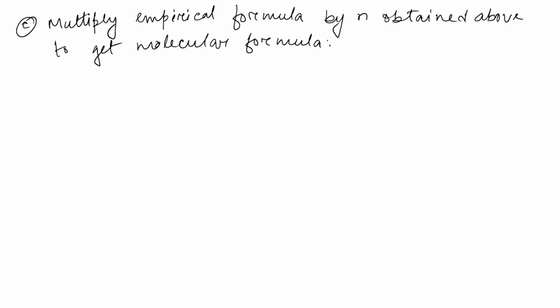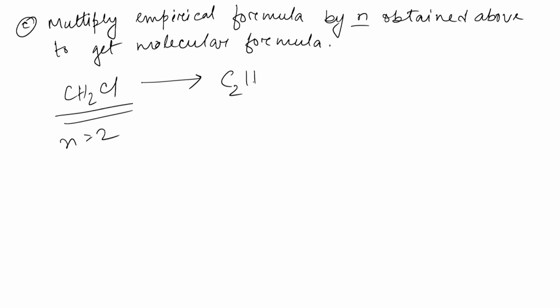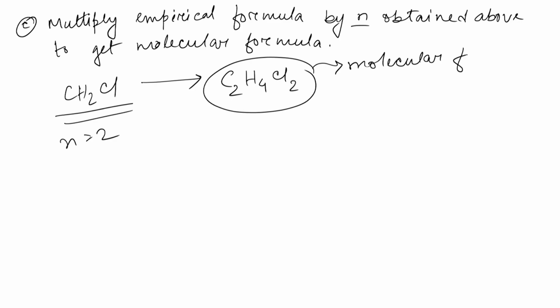So, we have to multiply this empirical formula by N. N is equal to 2. So by multiplying all the atoms by 2, we get C2H4Cl2. So this is the molecular formula. So we got it, how to calculate empirical formula and molecular formula.